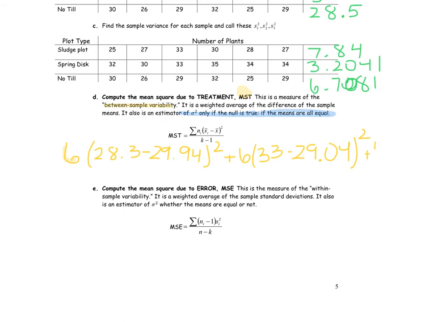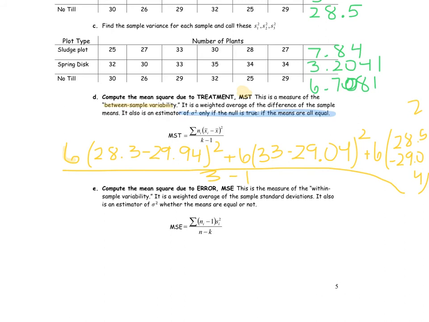Plus 6 times 28.5, running out of room, minus 29.04, and we square it. Sorry about that. And then we divide by k minus 1, and k is the amount of populations.